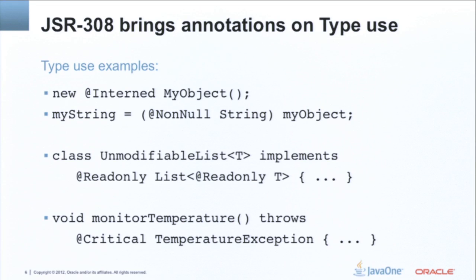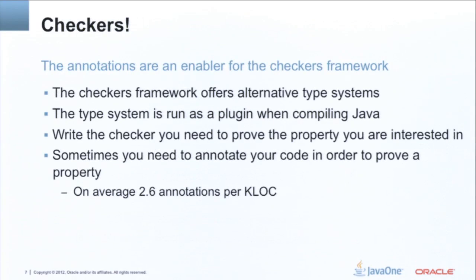And you might ask, why do I want to do that? It turns out that the annotations themselves in this case aren't the really cool thing with 308, but the checkers are. So the annotations in those places are an enabler for the checkers framework.